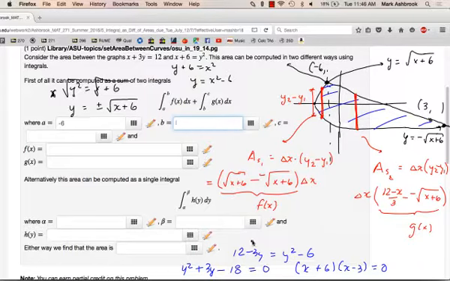This is negative 6 already. This has got to be something greater than negative 6. What am I doing wrong here? You have negative 6 for the x, and it's for y. Well, these are y's. These are y values. Thank you.